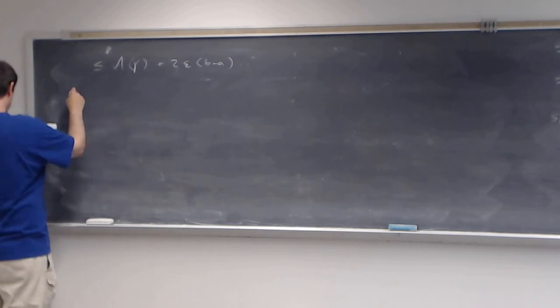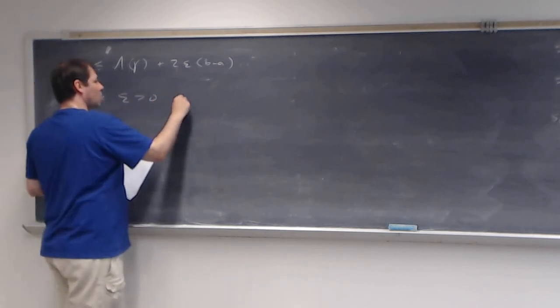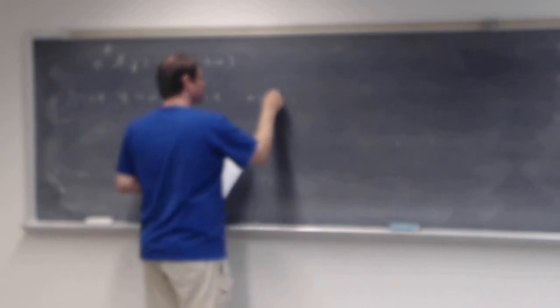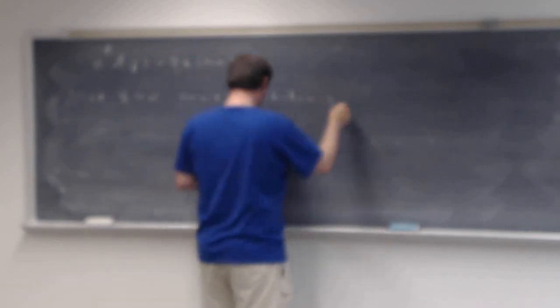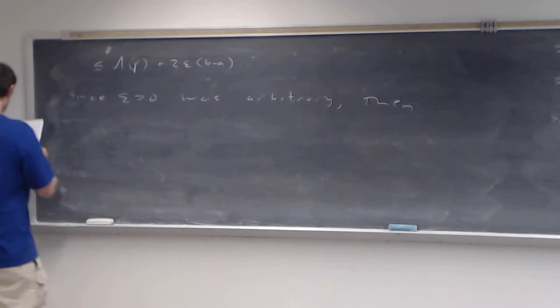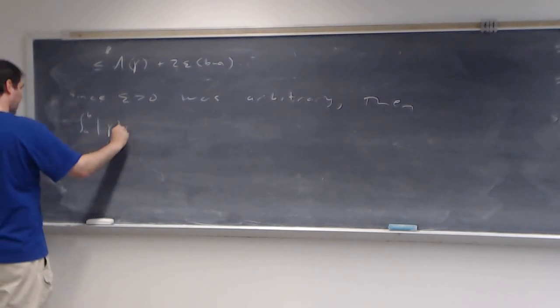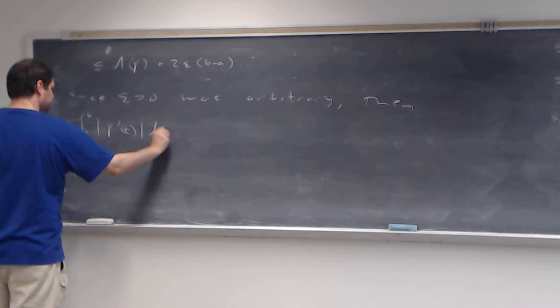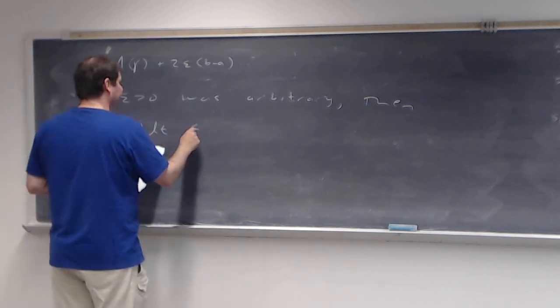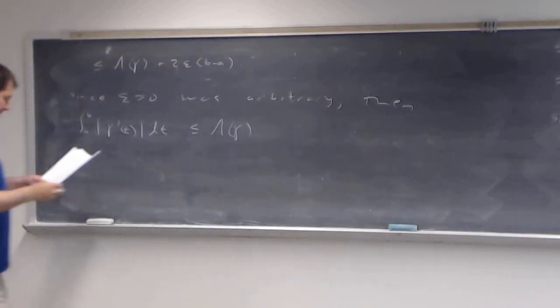Since epsilon greater than 0 was arbitrary, we have that the integral from a to b of the norm of gamma prime of t dt is going to be less than or equal to this lambda gamma.